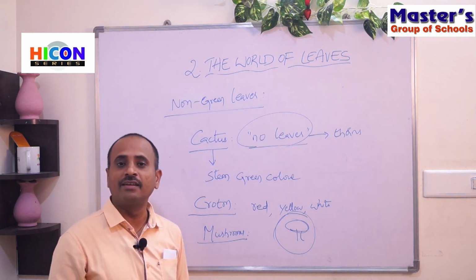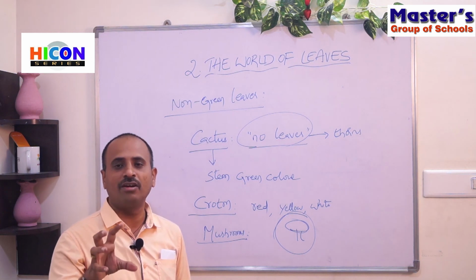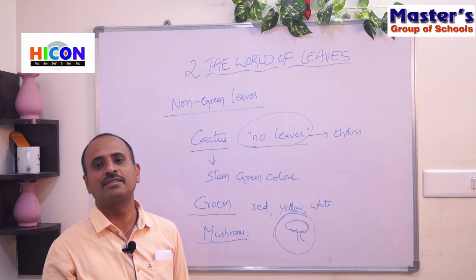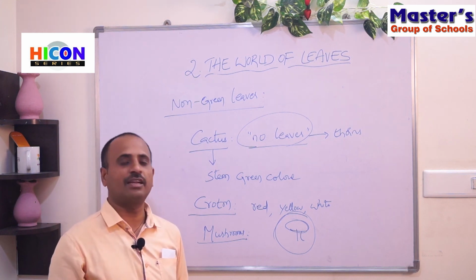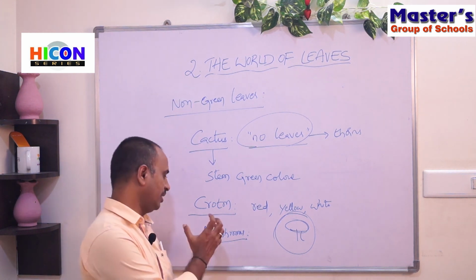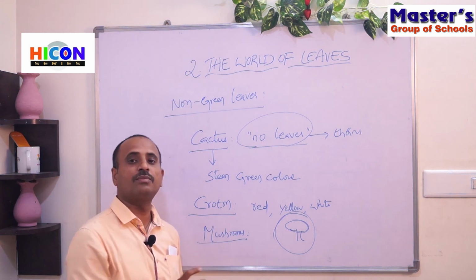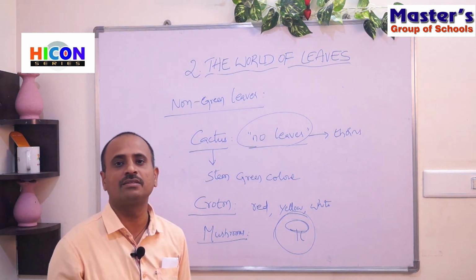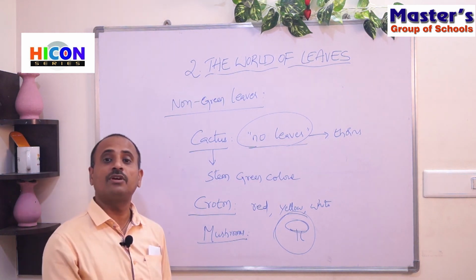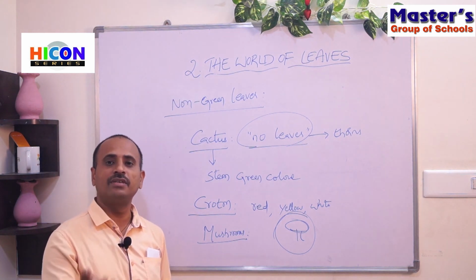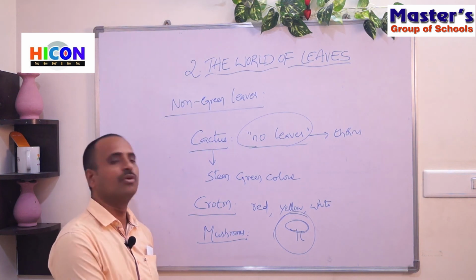They absorb dead organic matter from the wood and get the nutrients required for their bodies. Mushrooms absorb nutrients from dead plants, dead leaves and dead insects, and they grow up.